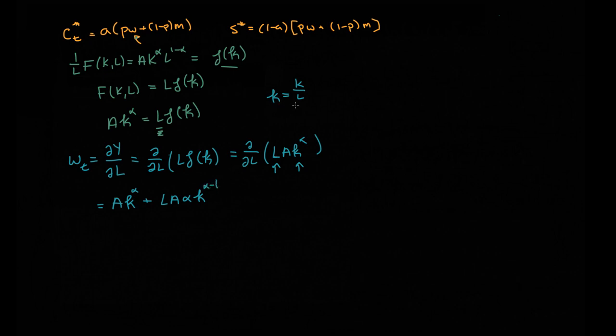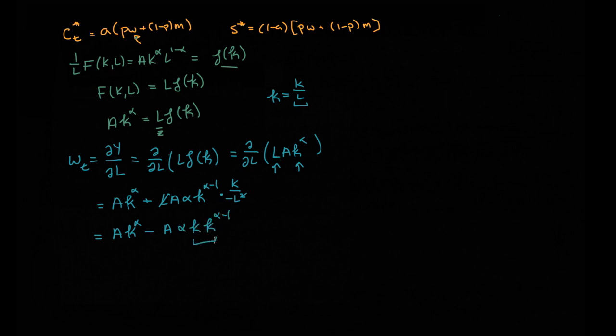And k itself is a function of L, so we need to do the chain rule. So we're going to multiply by negative K over L squared. This L is going to cancel with that L, and then we'll have K over L, which is just small k. So this is, in the end, going to equal A k alpha minus A alpha k alpha.